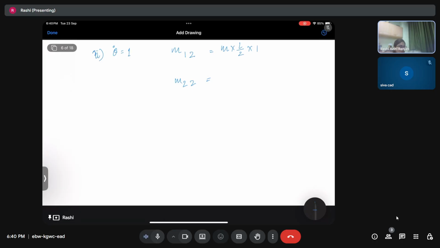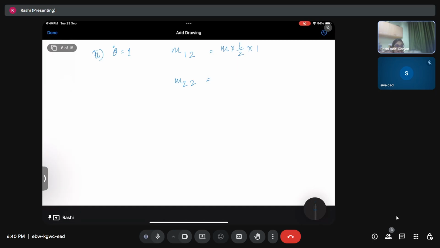We have to find out what is going to be the effect. Now, M22, my second mass point, is a compound pendulum. First, it is able to rotate. Second, it is given an angular velocity. So what is the effect of M22, which is the angular momentum?